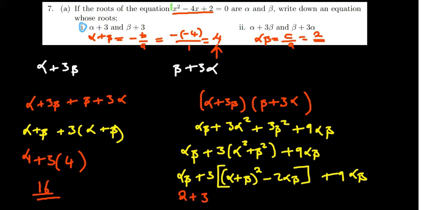We have 3, and then in the brackets, alpha plus beta is 4 squared, minus 2 alpha beta, that is 2, and then we've got a 3 outside, plus 9 alpha beta, which is 2.